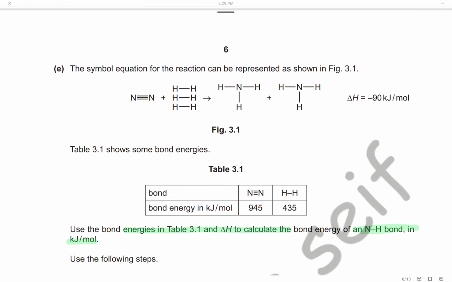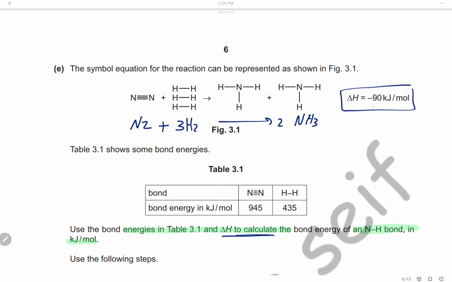The symbol equation for the reaction can be represented as shown: nitrogen plus 3 hydrogen to give 2 ammonia. He already gave you the equation in a displayed form. The bond energy is given here in the table. Use the bond energies in the table, and the delta H, which is also already given here as minus 90 kilojoules per mole, to calculate the bond energy of an N-H bond.